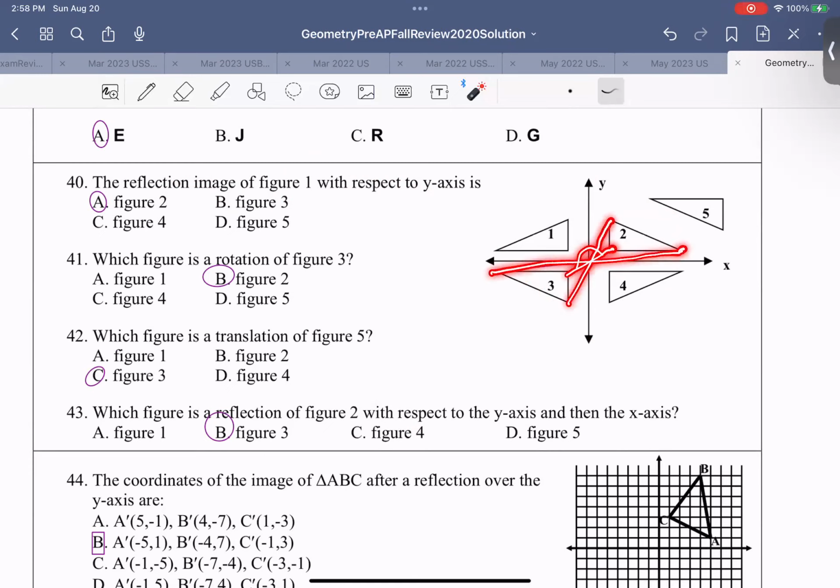This rotates 180 to this point. So this is a rotation. And translation. Translation means you have this, and then you shift to the left, and then you shift down. That's called a translation. Okay?